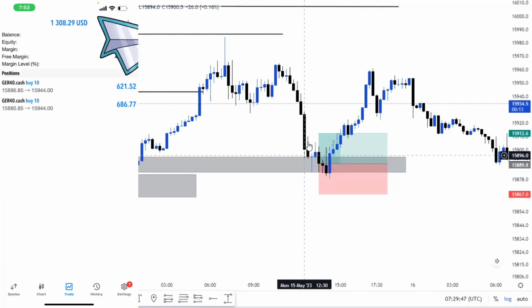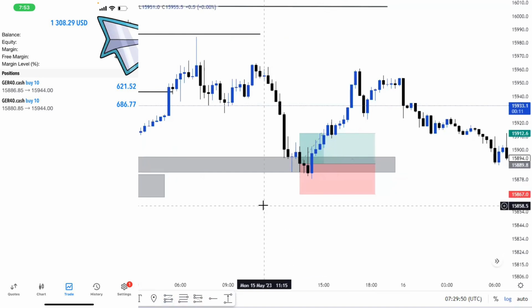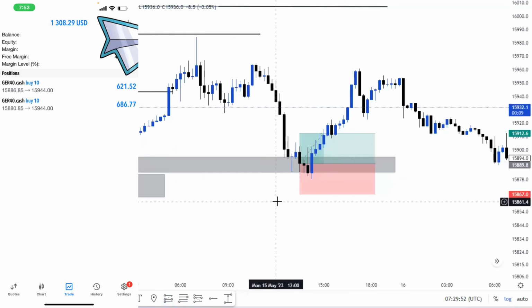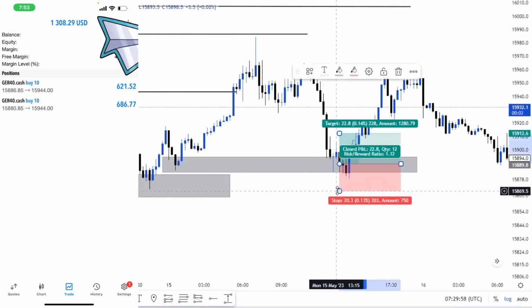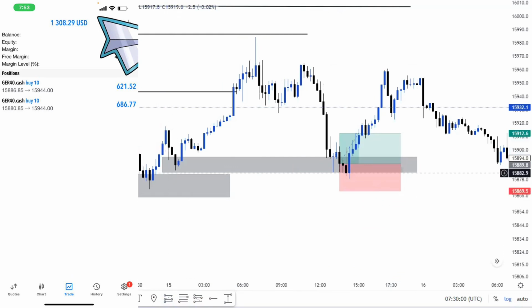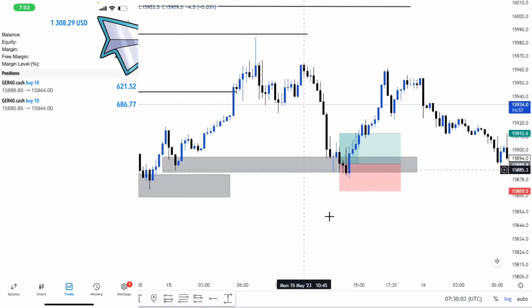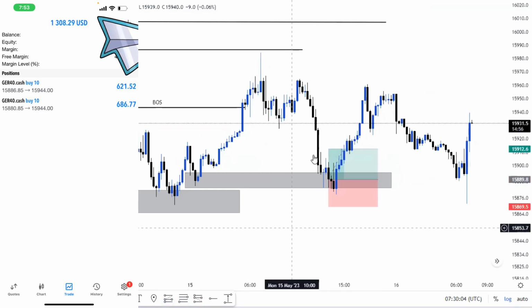Whenever I see these strong candlestick patterns, whether I'm trading price action or smart money concept, I'm looking for these particular candles. My stop loss was just slightly below this area, so that in case the market takes this area out, I know it's going to go further than that.